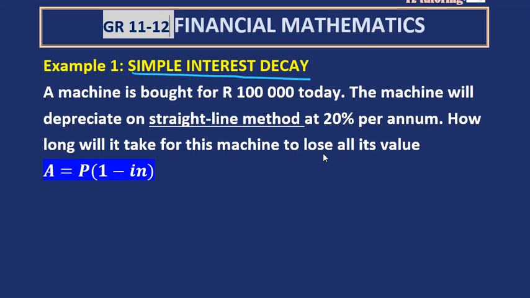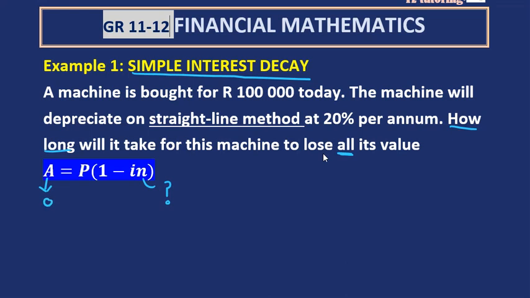Okay, so here we're trying to determine how long it will take. So therefore we're trying to determine n. That's the variable that we're trying to determine. And for the machine to lose all its value, so it doesn't have value at the end, how long will it take for the value of the machine to be 0?